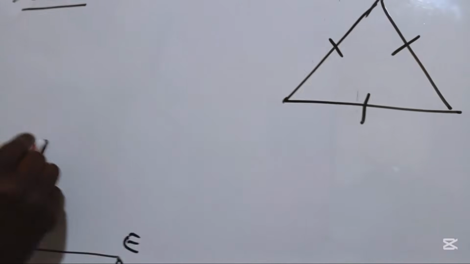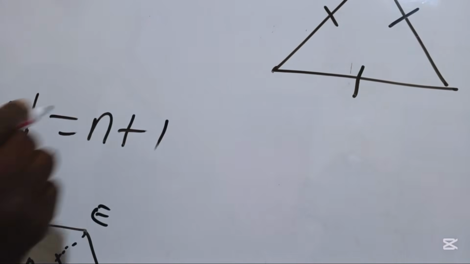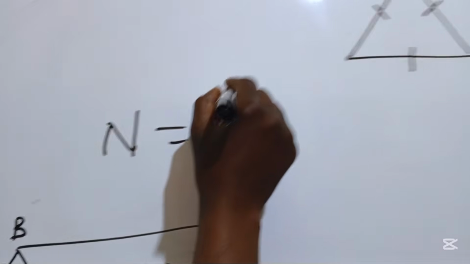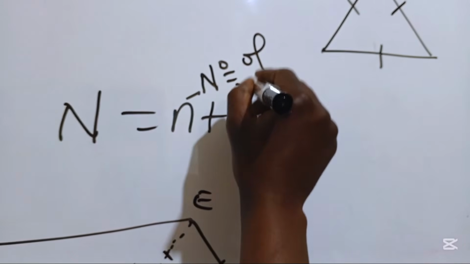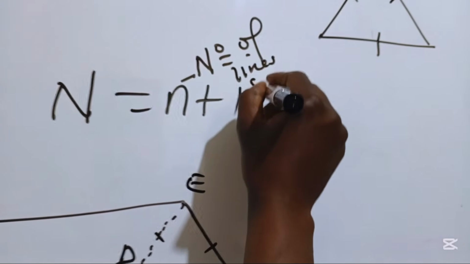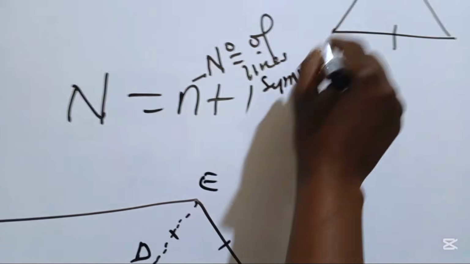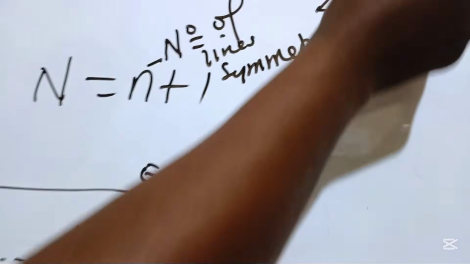you use this method which I said. You look at this n, which means the number of lines of symmetry. So we are looking at the number of lines of symmetry. Here I've got number 1, this is the line of symmetry.